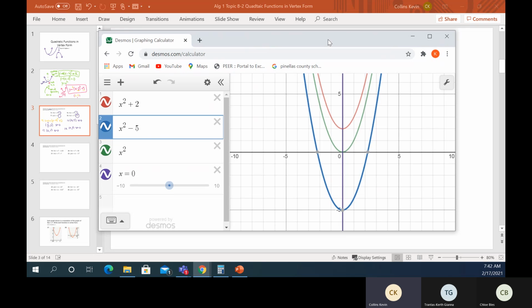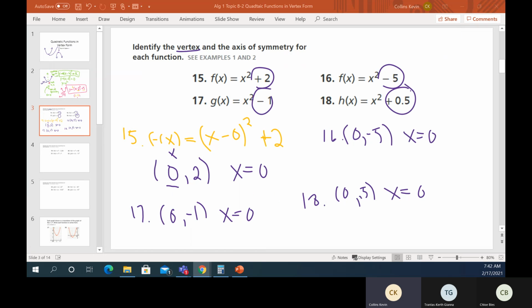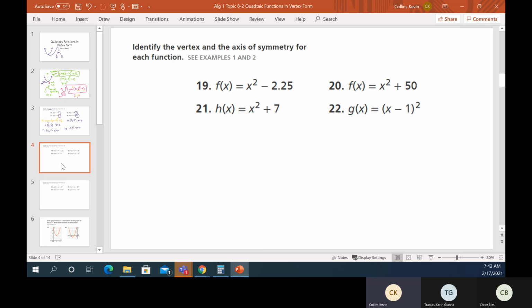All right, so we might come back to Desmos. Let's pull this out for a sec. Okay, so this is more of the same, right? The first two are easy. We know how to do that, right? 22 is where it gets a little weird. So let's do the rest of them real quick here.